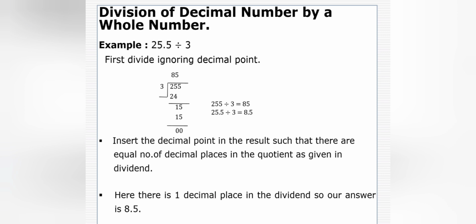So 255 divided by 3, if we do, we will get 85. Now insert the decimal point in the result such that there are an equal number of decimal places in the quotient as given in the dividend. That means here there is one decimal place in the dividend. So our answer is 8.5. So 25.5 divided by 3 gives us 8.5.